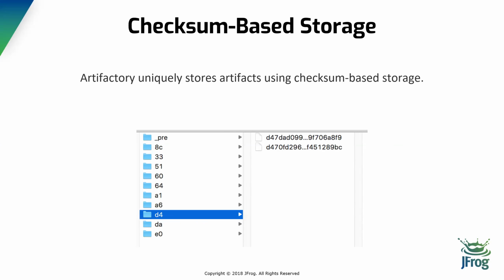Having this mechanism will help you prevent exploding your file store. If you're doing copies of the same binary into different repositories, you won't duplicate the number of binaries. You will keep a unique binary, but for each copy of this binary, you have specific metadata.